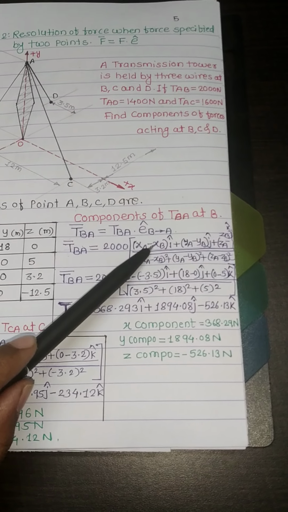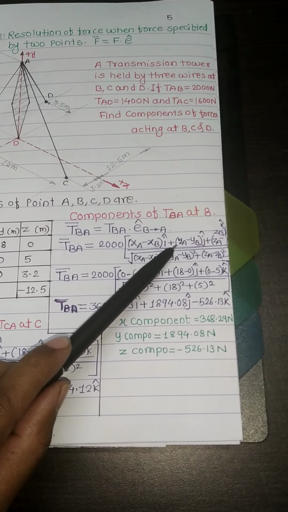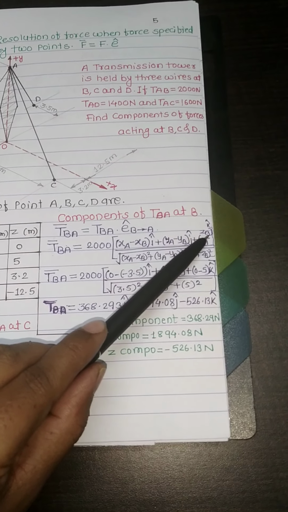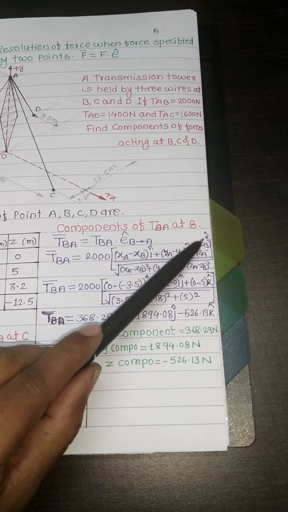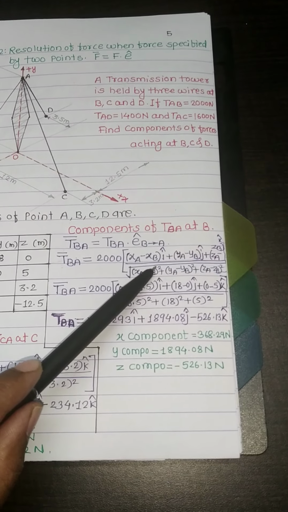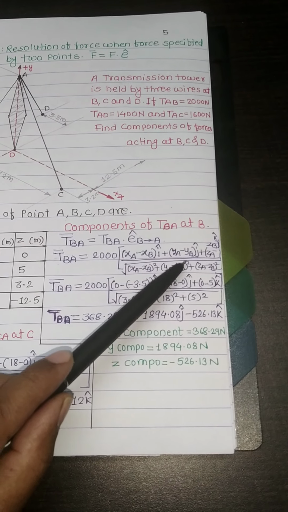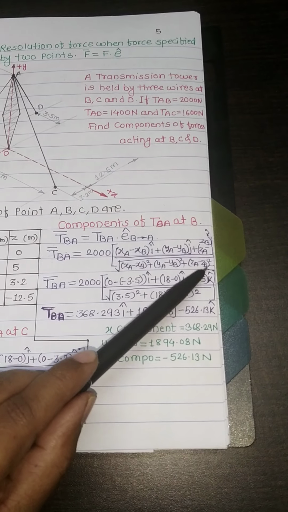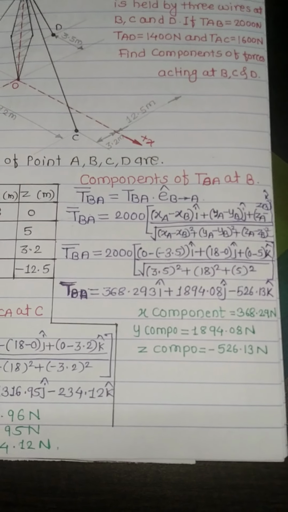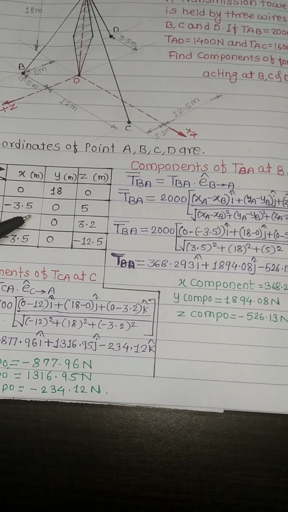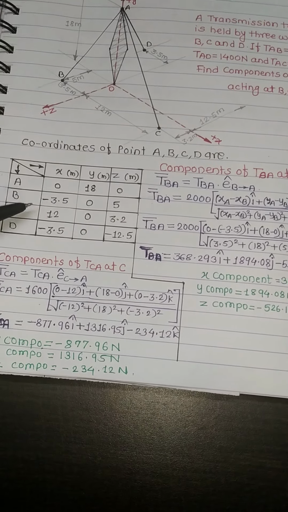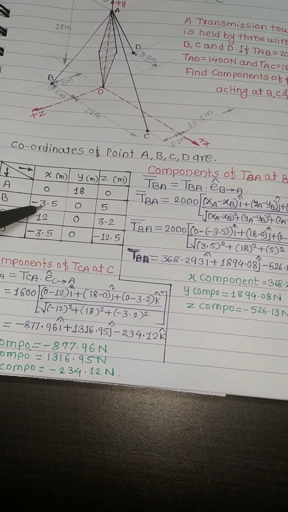So then (XA minus XB) into I cap plus (YA minus YB) into J cap plus (ZA minus ZB) K cap upon under root of (XA minus XB) whole square plus (YA minus YB) whole square plus (ZA minus ZB) whole square. Now in this case, while substituting the coordinates from this table, we have to subtract A minus B. So coordinates of A minus B.